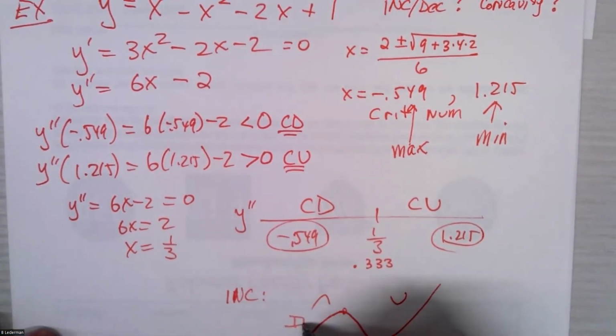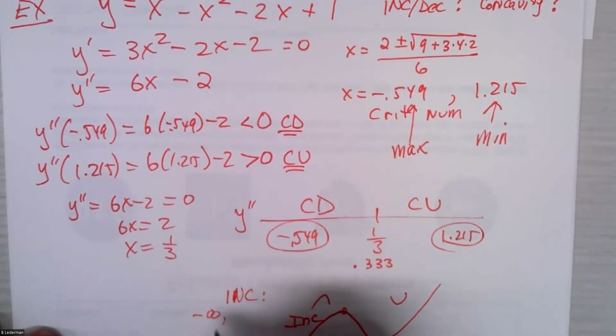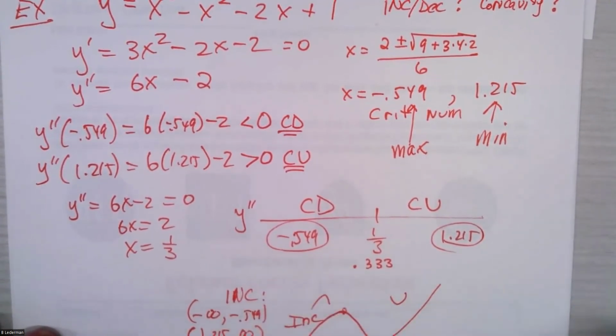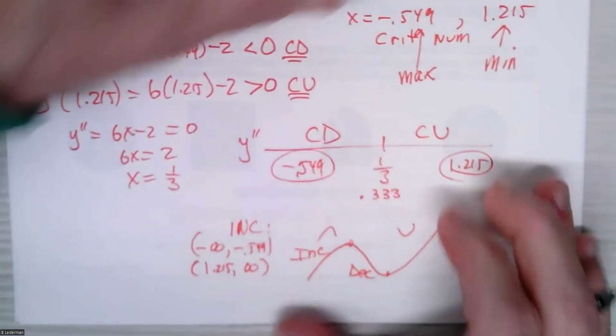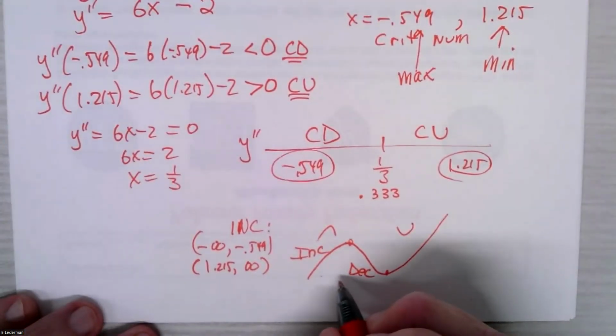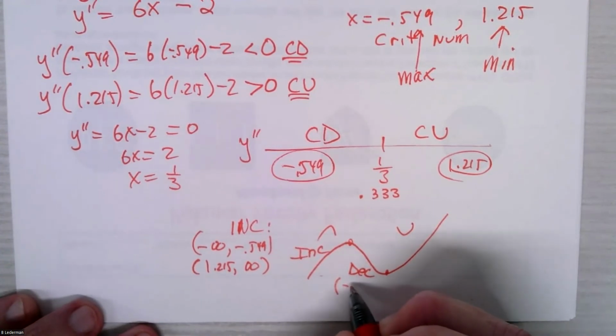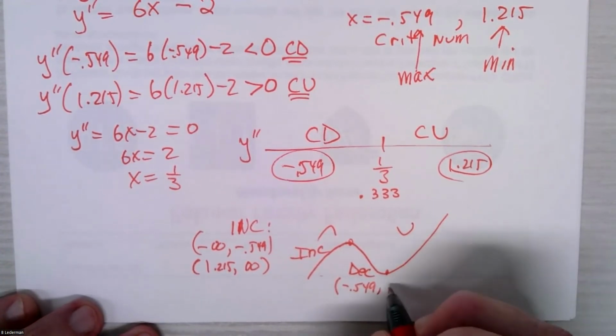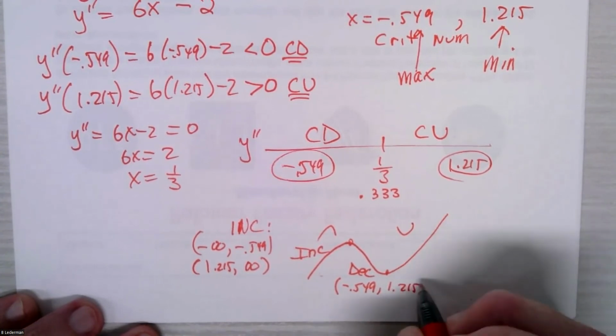Which means it was increasing from negative infinity to negative 0.549, and then it's also increasing from 1.215 to infinity, and it's decreasing from negative 0.549 to 1.215.